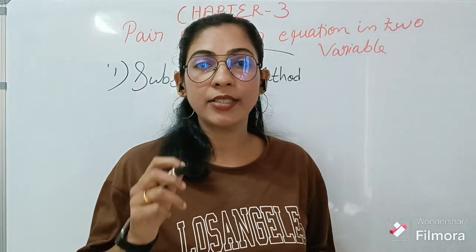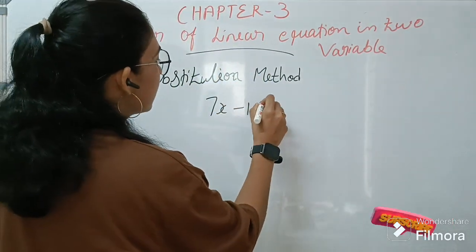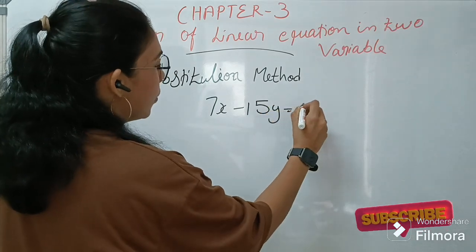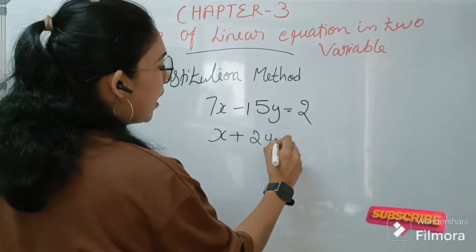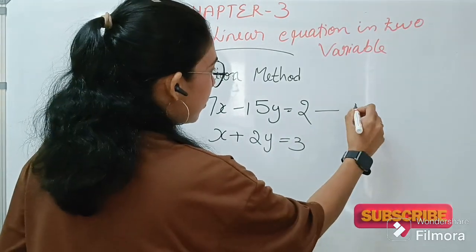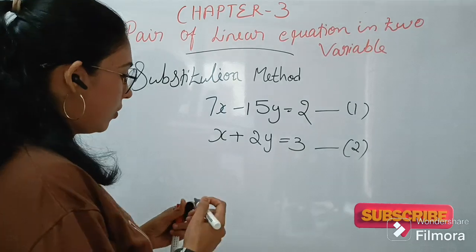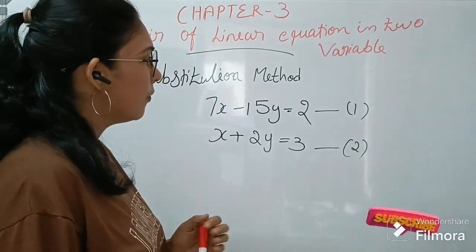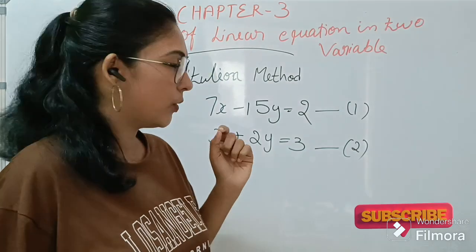Let me explain by taking an example, that is 7x minus 15y is equal to 2 and x plus 2y is equal to 3. This is equation 1 and this is equation 2. Okay, so what to do? From both these equations we have to find out values of x and y.